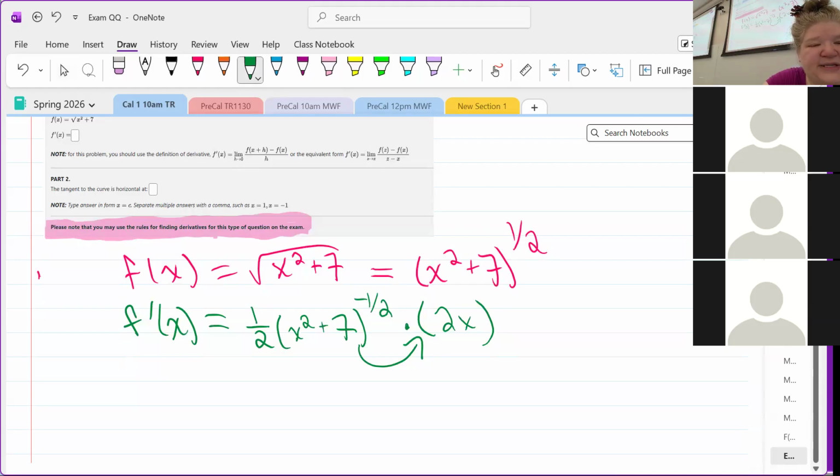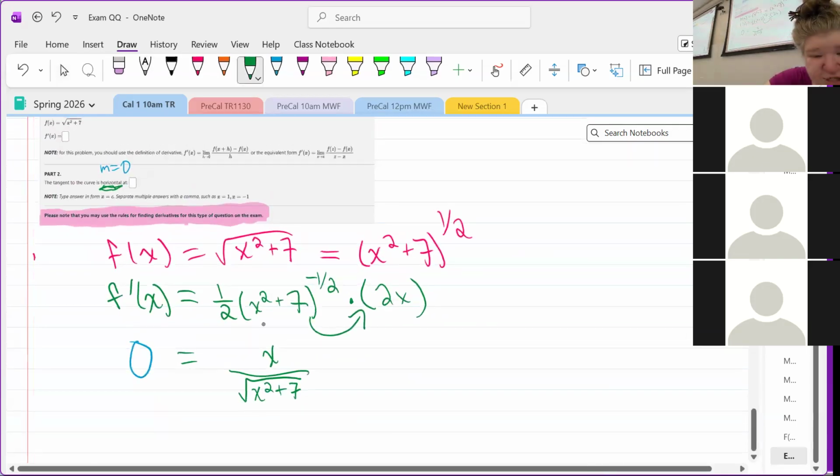The second part, the tangent to the curve is horizontal. So this is asking, where is the derivative 0? So we're going to plug in 0. All right, this 1/2 and the 2 end up canceling, so I have x over the square root of x squared plus 7.